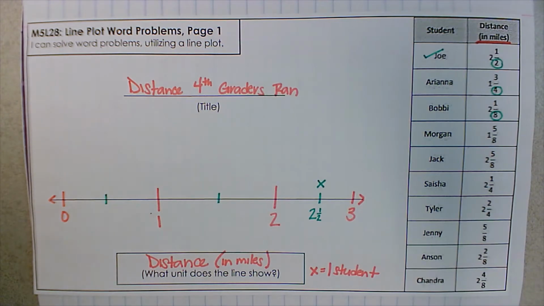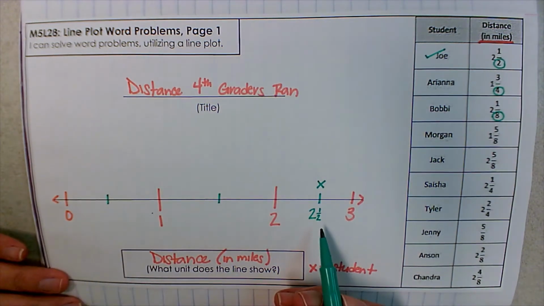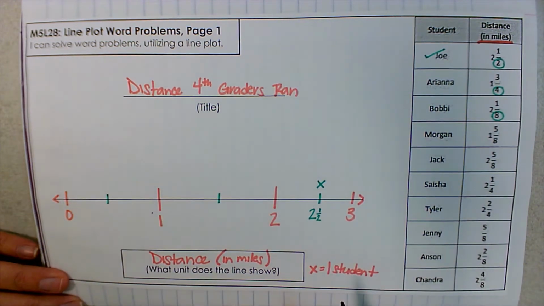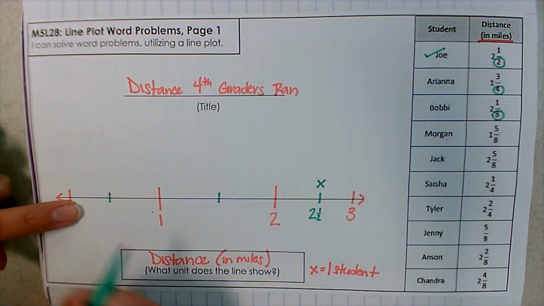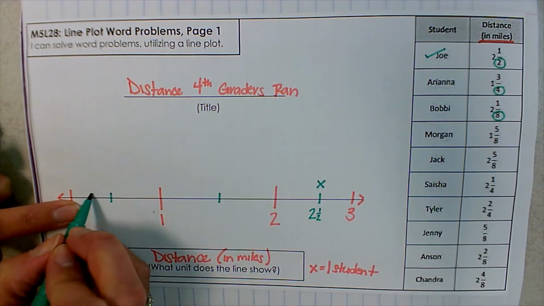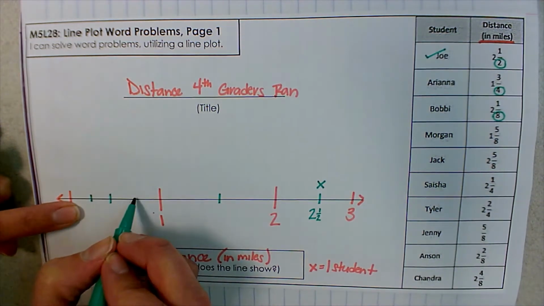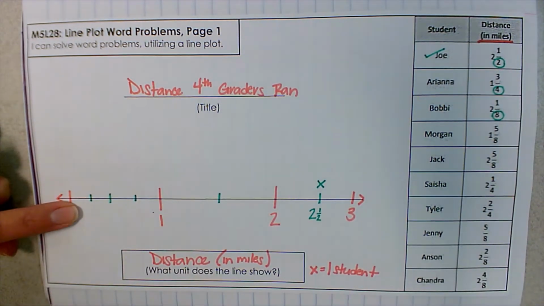Now I'm going to look at fourths next, and I've got several that are going to be in fourths. Now, the thing about fourths is that I know fourths and halves are related, and that 1/4 is half of 1/2. So if this is 1/2, a fourth would be here and here.